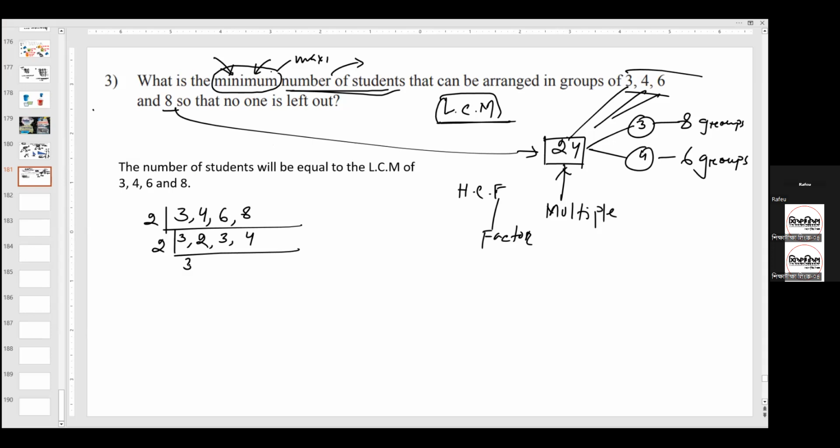Therefore, the required LCM will be 24, that is 2 multiplied by 2 multiplied by 3 multiplied by 2, right? So the number of students will be 24. That will be the last number.